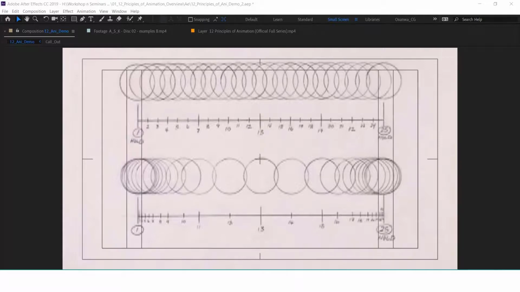Now, the way we arrange the frames, the top one there is arranged evenly, at every frame. But the one at the bottom has more frames at the beginning, not too far from each other.